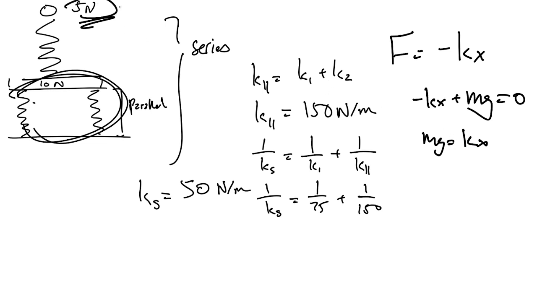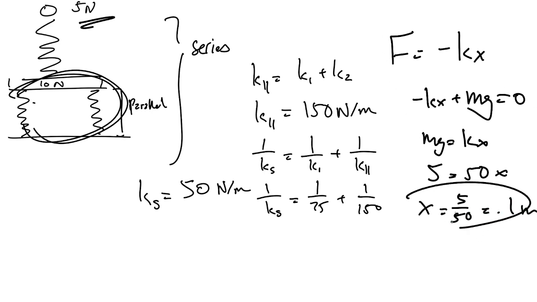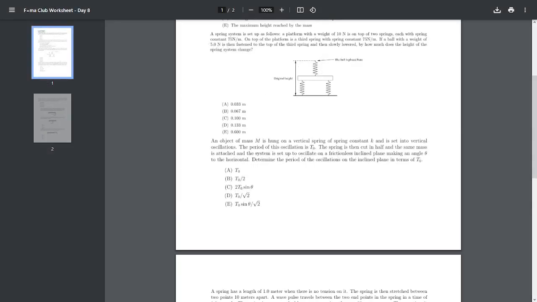This is the weight. Remember that this is in newtons, right? So this is 5 equals 50x, right? So x equals 5 divided by 50, which is equal to 0.1 meters, right? And so that's going to be our final answer right here. And if we simply look back on our homework, we're going to see that that's going to give us C, which is 0.1 meters.